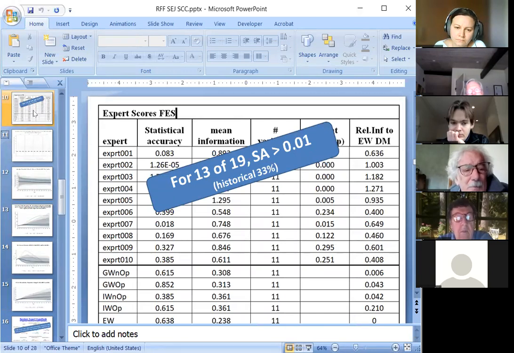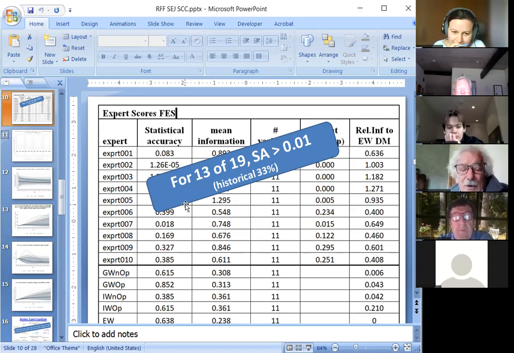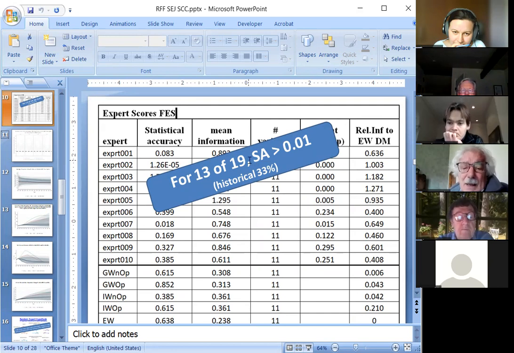So if we go to this one, oh yeah, this thing was supposed to appear as an animation, but here you see, again, the experts are all, not all, but most of them are quite good. So we had 19 experts in total, and 13 of those 19 had statistical accuracy above 0.01.